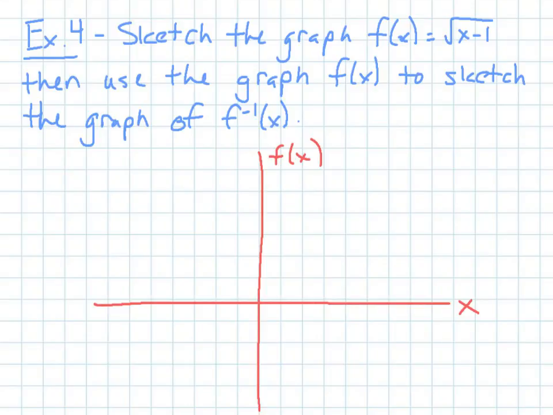So remember, square root of x would be (0, 0), (1, 1), and (4, 2). Okay, so remember on the inside you're always moving the opposite direction, so since it's minus, you're moving it to the right. So it'd be (1, 0). I can write these values down for you. So 1 gets us 0, 2 gets us 1, and 5 gets us the 2.